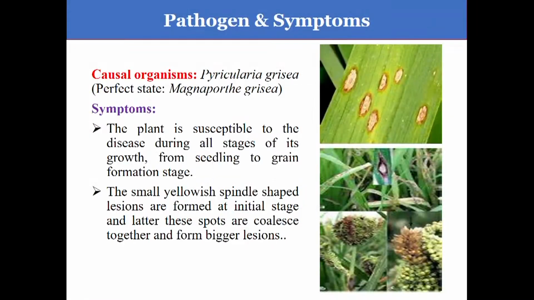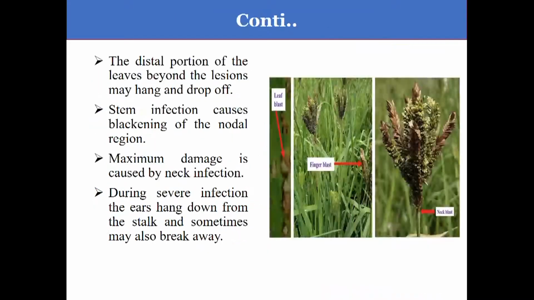Small, elliptical, spindle-shaped lesions are formed at the initial stage, and later they spread and collapse together to form greater and bigger lesions. You can see in the photographs the small elliptical spindle-shaped lesions at the initial stage, but after that they become boat-like in structure, increase in size, and become larger lesions that collapse together to cover a greater area.